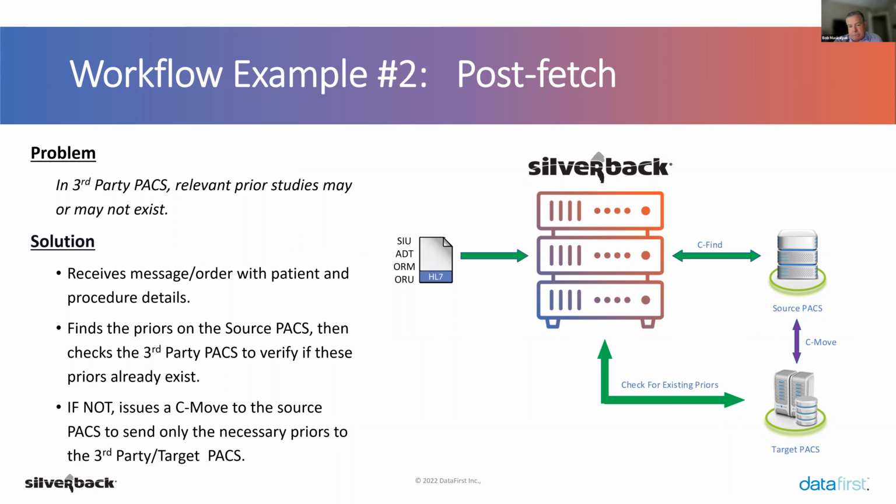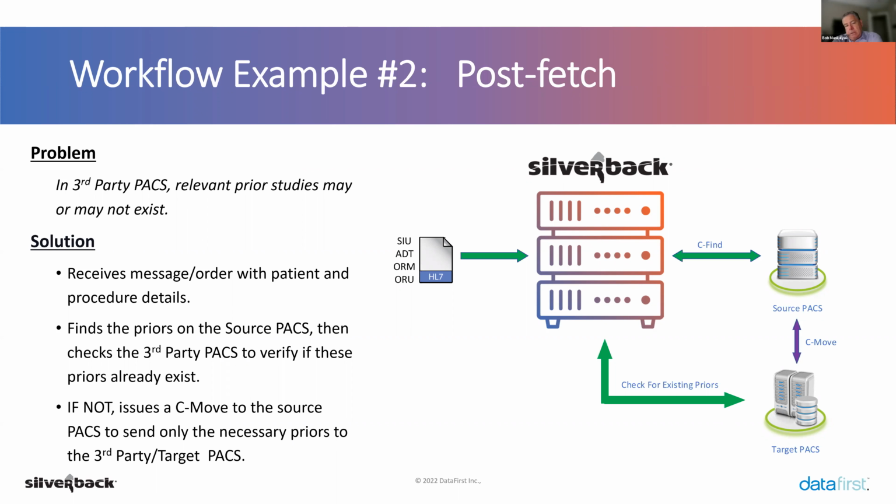But what we would also do, if you look at the bottom right-hand corner of our drawing here, we check to make sure that those priors don't already exist on that subspecialty reading PACS. Anything that isn't there but is identified as a relevant prior, we then send a message over to the source PACS system to directly move it over to the subspecialty viewing.